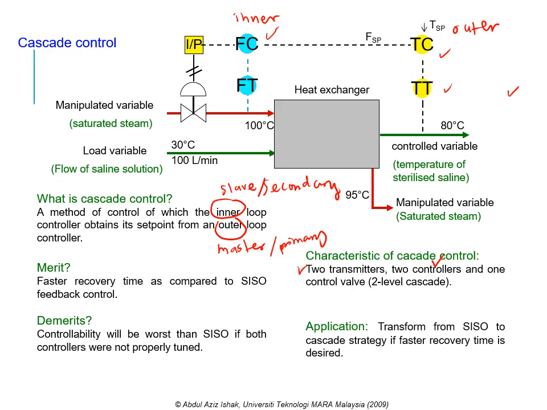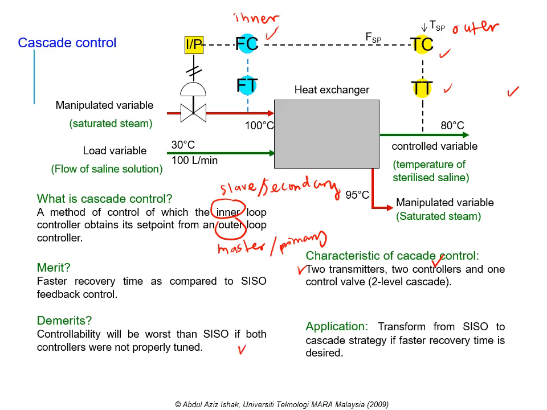Another disadvantage is that the control strategy of the cascade controller is more complex than the feedback controller. Alright, so those are the disadvantages of the cascade controller.